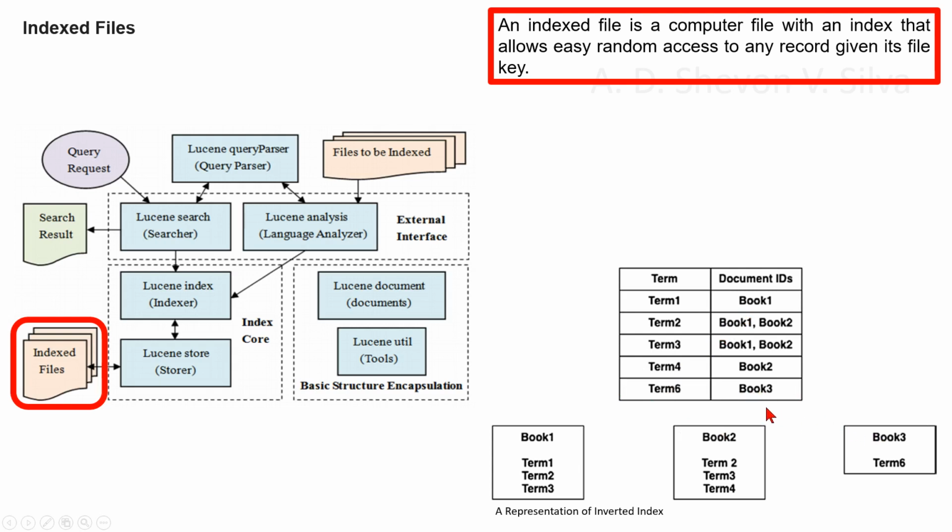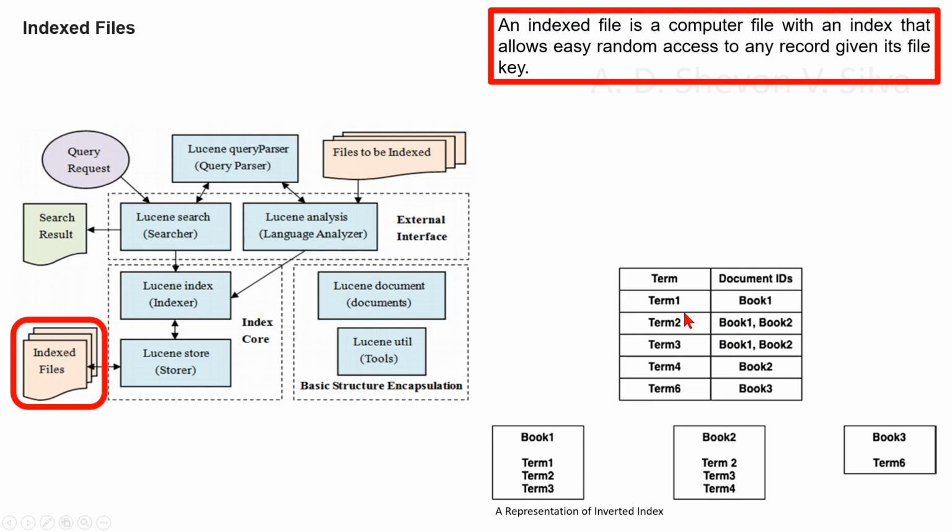As shown in this figure, this data structure proves useful for answering questions like, find me the documents containing term 1, in an optimized manner. As you can see, a single term search is a constant time operation.